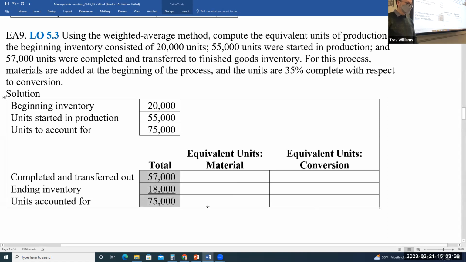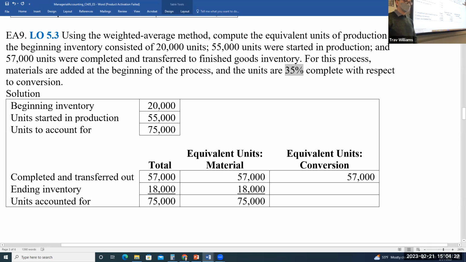All right. Total column is the same as the materials column. Conversion units that are completed is the same as material units that are completed. And how do we get equivalent units for conversion and ending inventory? 18,000 what?